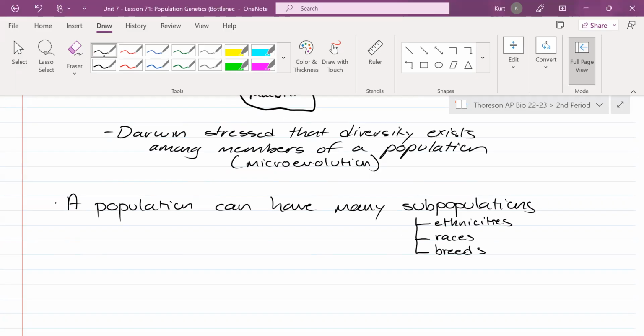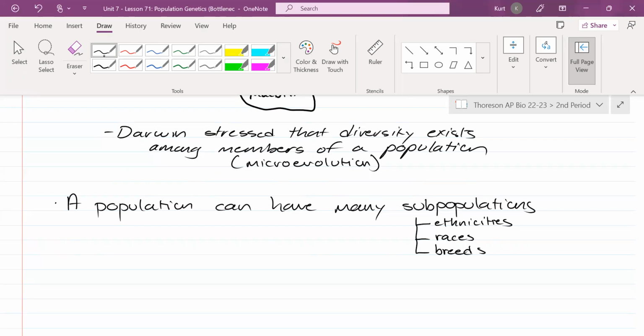A golden retriever is the same species as a French bulldog. Yes, they are. They could have puppies, and those puppies could have puppies. They're the same species. But a golden retriever is definitely different than a French bulldog. They're a subpopulation. In the animal kingdom, there is Panthera tigris, a tiger. There are 7 subpopulations of tigers in the world. It's not just tiger. There's actually 7 different types.